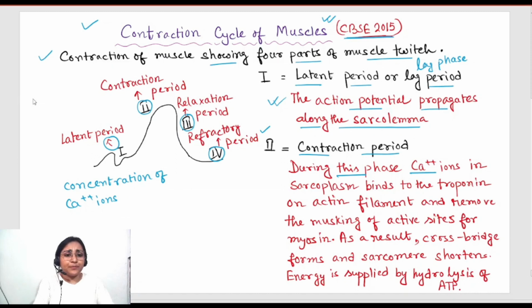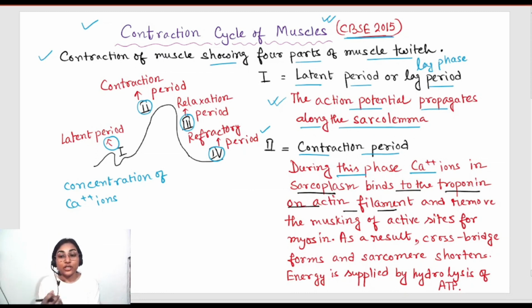During this period, calcium ion in the sarcoplasm, not sarcolemma, binds to the troponin subunit on the actin filament.